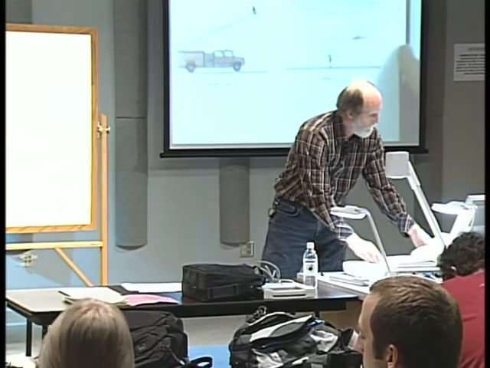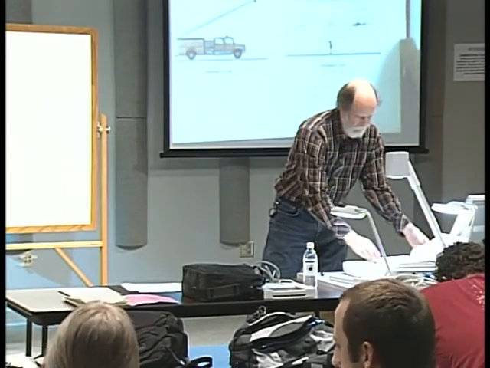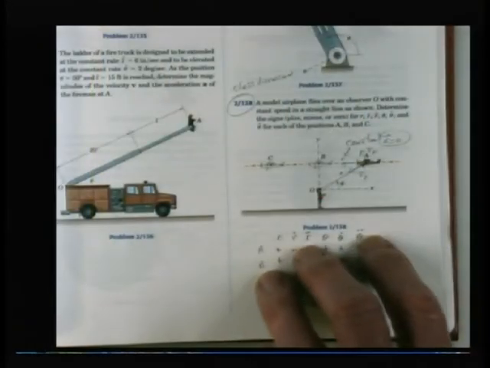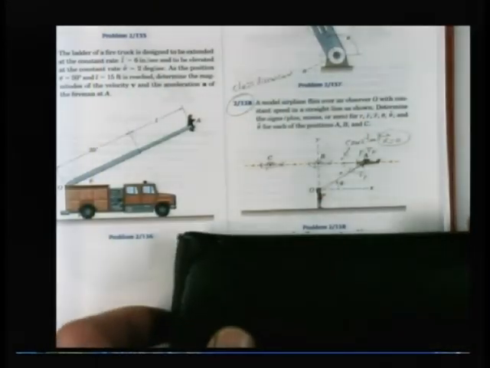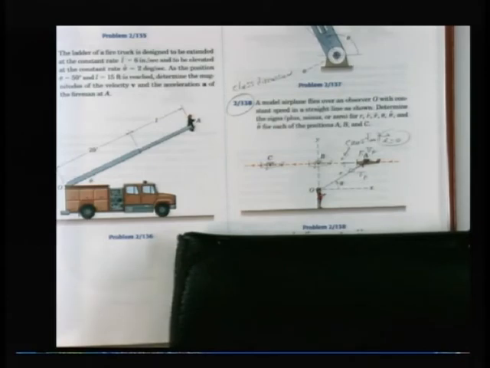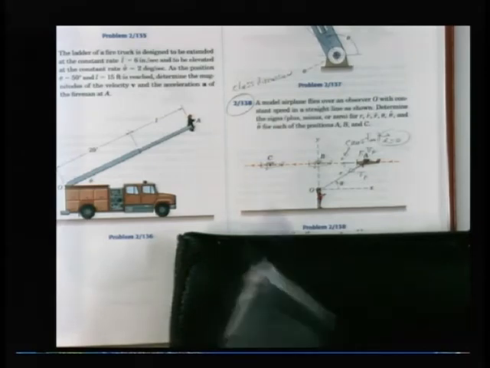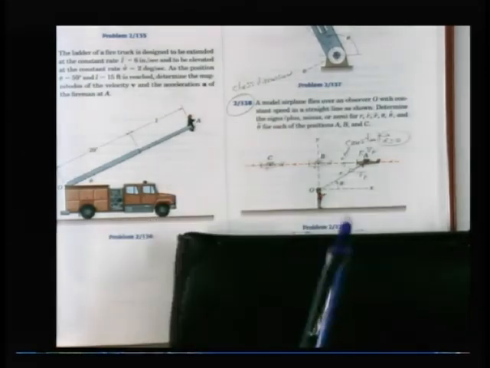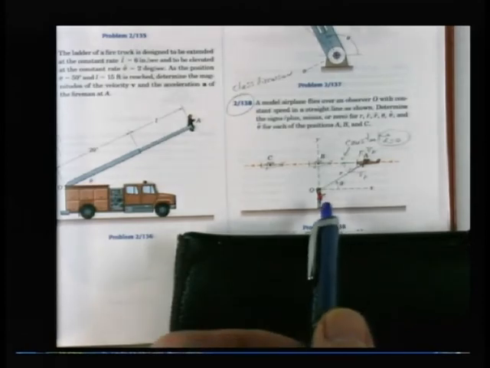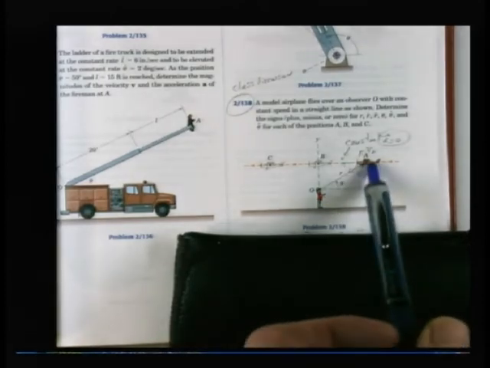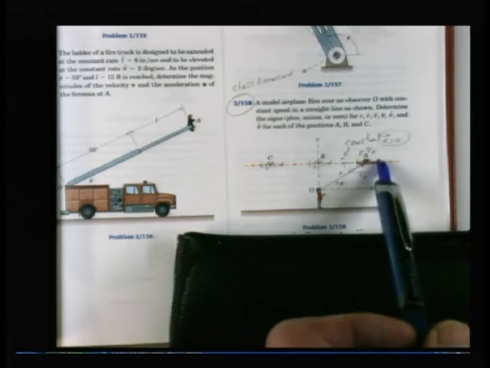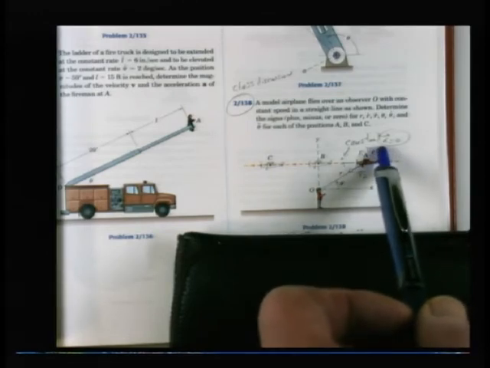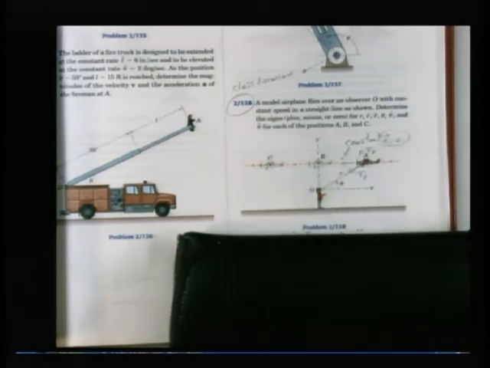Let's look at this one, and I want to cover up something here for a minute. Okay, it's number 138. So we're the observer on the ground, and we see an airplane coming towards us, going to pass right overhead.